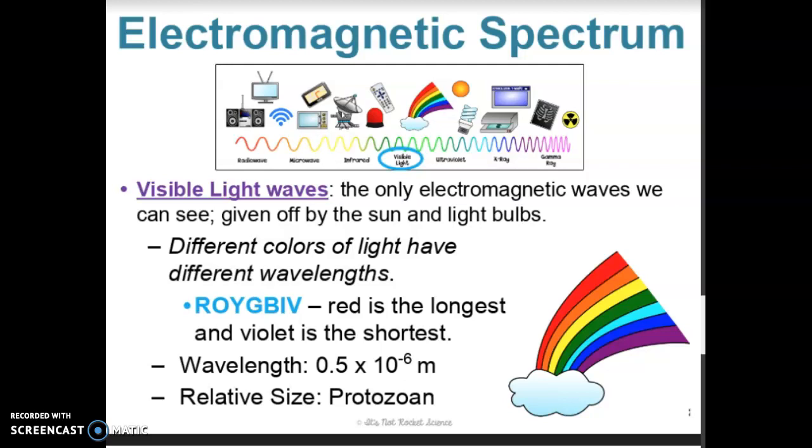Different wavelengths are going to slow down when they hit different mediums, and we saw that when we looked at prisms and talked about refraction. Your red slowed down because it's going at a different speed than your indigo because they have different wavelengths.